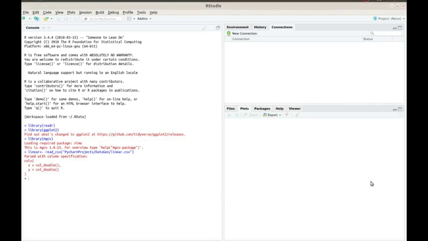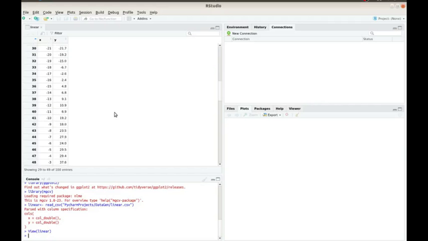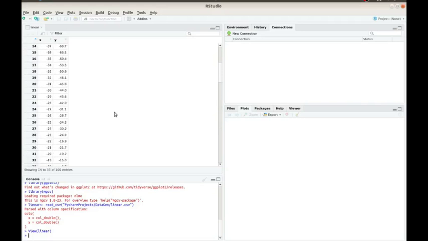Now, as before, I'm going to view this data, and when we view linear, you'll see that I have an x coordinate and a y coordinate, from minus 50 to plus 50 for the x, and the y is a value that has been determined by the equation, plus I threw some randomness in it.